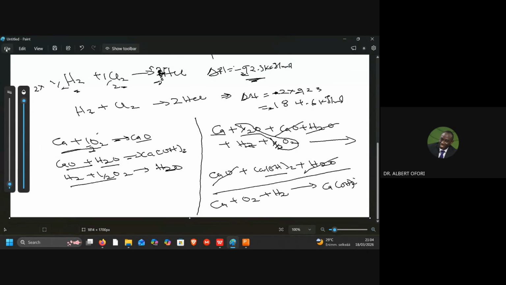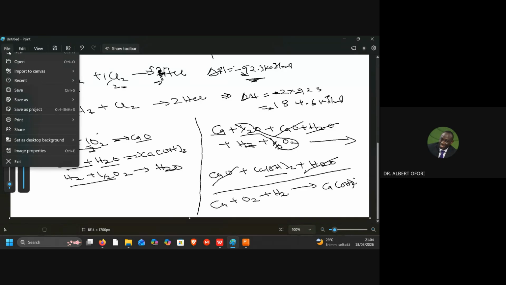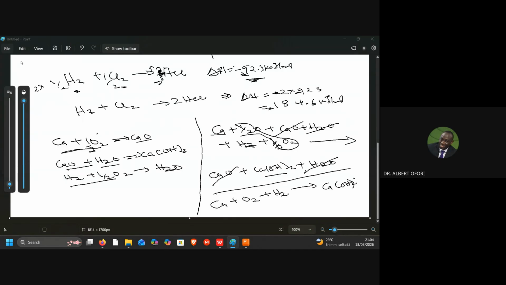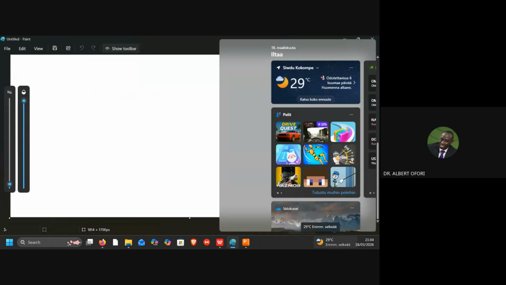Let me clean this and give you another equation. Say for example, this is the equation: calcium plus oxygen. Always check if the equation is balanced. Don't assume that every time you write an equation it is balanced.